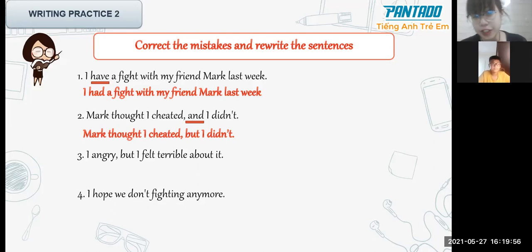What should we put after the subject? Do you remember? So, for example, we have I am strong. Strong is an adjective, and after I, what did I put after the subject?